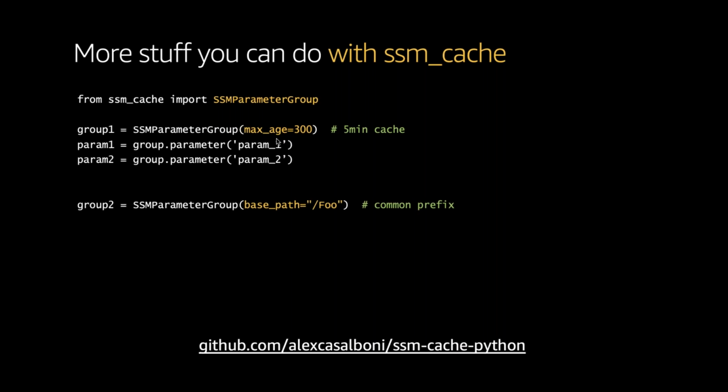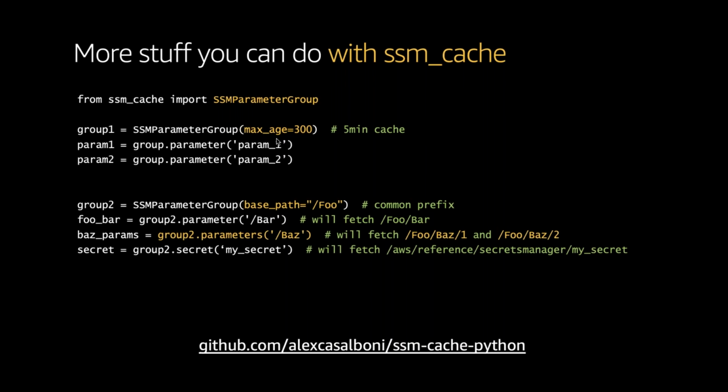Or you can have prefix-based parameters and secrets together, and eventually you can even refresh the cache manually, so all the parameters in that group will be fetched again. So it gives you a simpler interface on top of Secrets Manager and the Parameter Store, gives you caching functionalities, and also gives you a very handy way to handle failures.